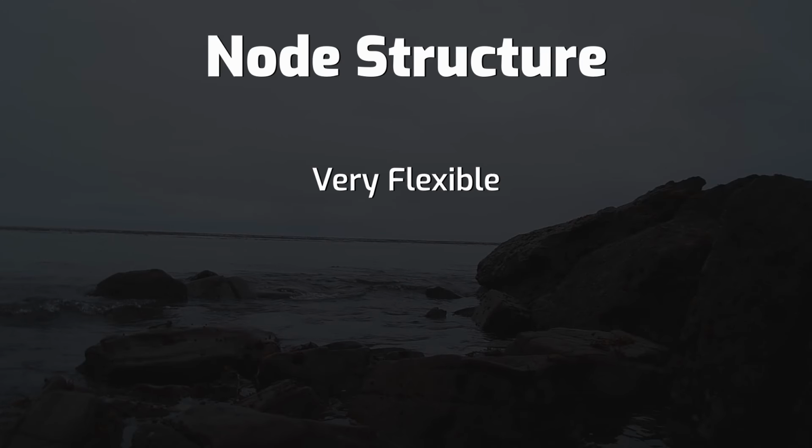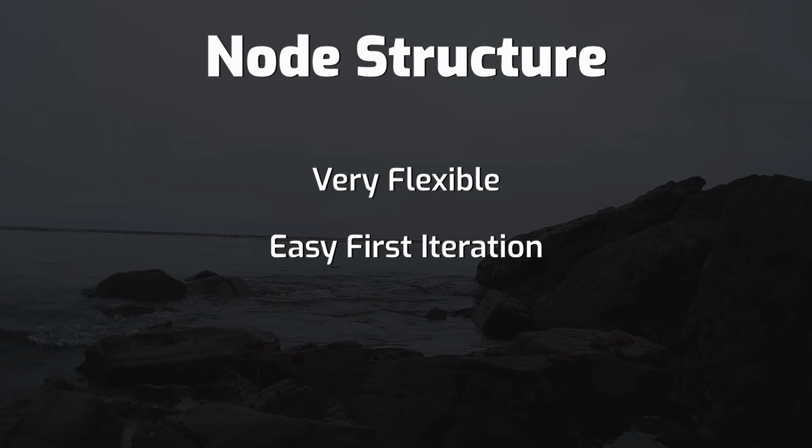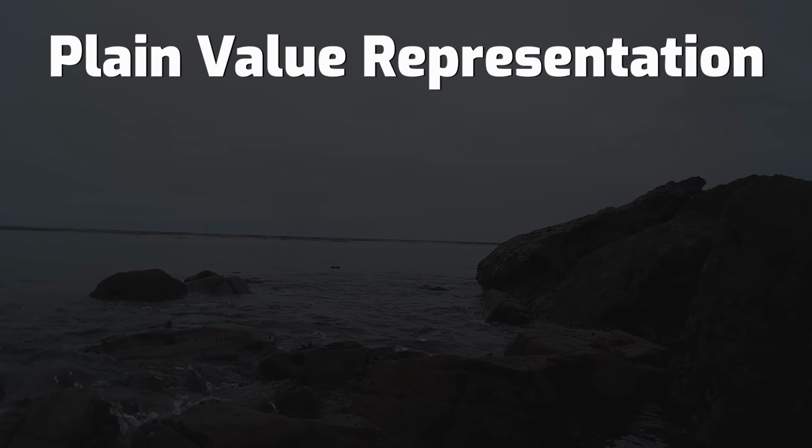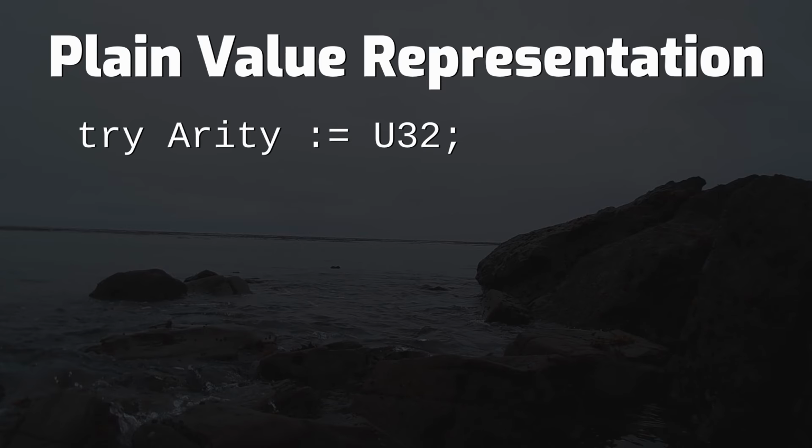I want to start off with looking at the node structure because node structures are very flexible and often the easiest way to build a first iteration. Before I show how I designed my node structure, let's imagine for a minute what might happen if I approach this by trying to encode arity objects with some plain value representation. For instance, with just an unsigned integer, I could encode the values for tuples. 0 would stand for the empty arity, 1 would stand for the singleton value, and an integer k would stand for the k-value tuple.